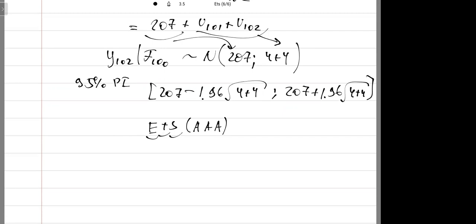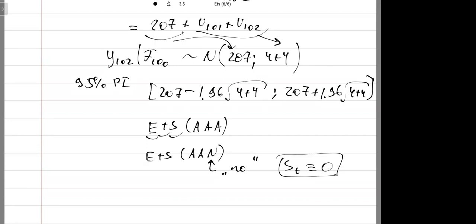We may introduce many more examples. We may switch off seasonality, so you may consider ETS AAN. You just say ST is always 0. So for non-seasonal data, you can switch off seasonality.